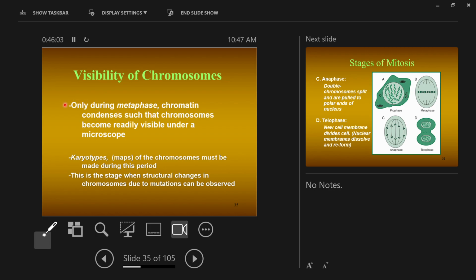Only during metaphase do the chromatin fibers condense so much that the chromosomes become visible under a microscope. That means our scientists that discovered chromosomes did it during metaphase. Yeah, that's what I thought.